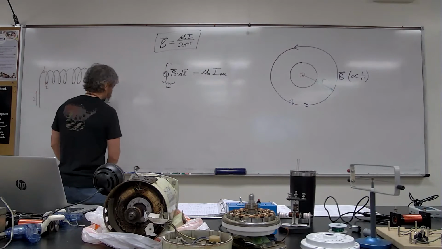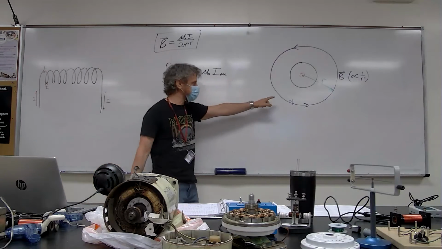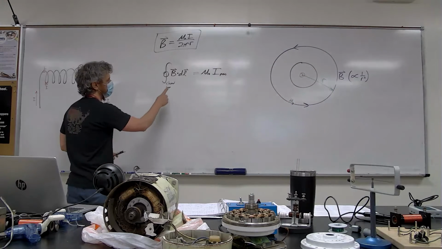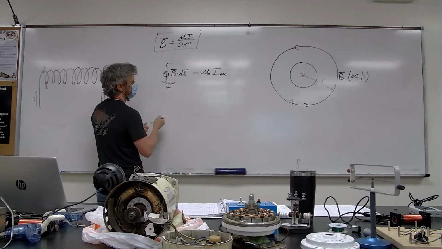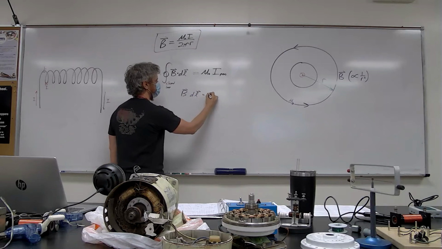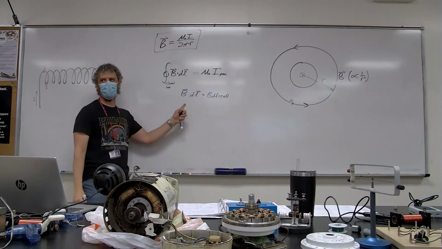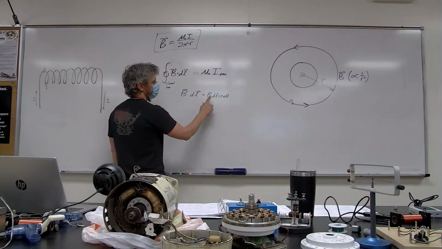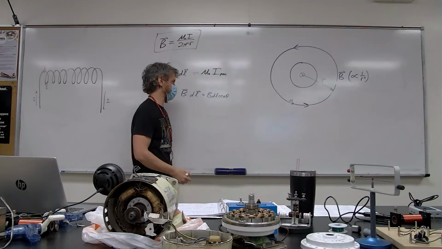Okay, so again, we set up in this class our Amperian loop to always be pretty symmetrical, and so B dot dl is B dl cosine theta. The dot product of two vectors always gives you a scalar. You don't have to say magnitude like you do with the cross product.